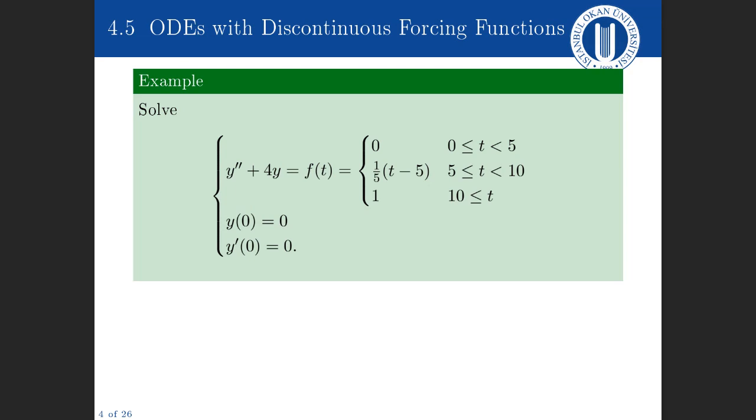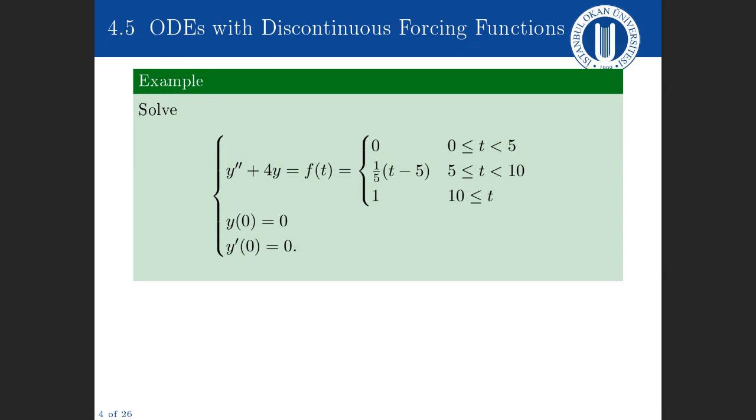So let's suppose we wanted to solve this initial value problem. y double prime plus 4y is equal to a function of t which is piecewise defined. This is actually a continuous function, but it's not a smooth function. It's not differentiable.